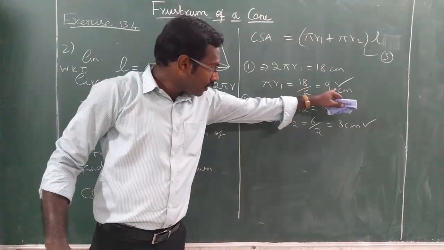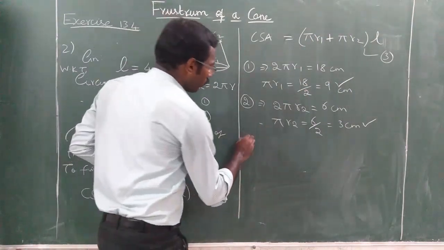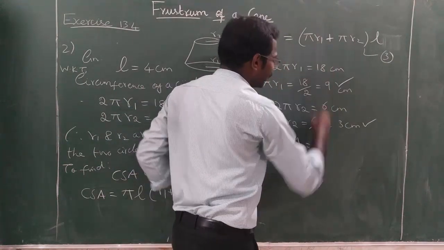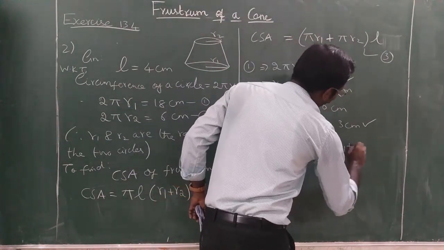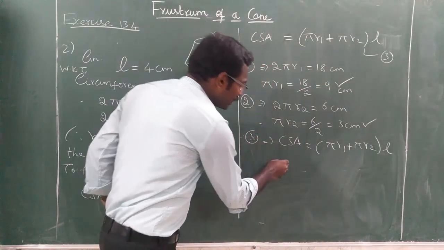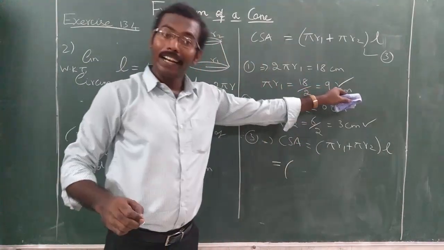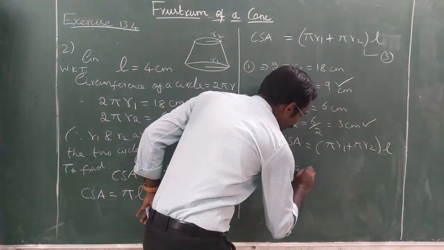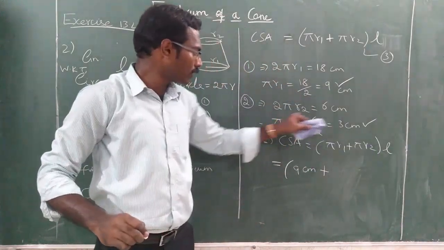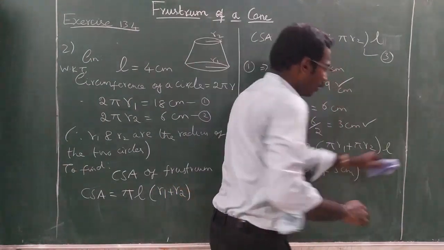Now let us substitute these values in equation 3. Curved surface area is equal to pi R1 plus pi R2 into L. Pi R1 is 9 centimeter plus pi R2 is 3 centimeter, into L.